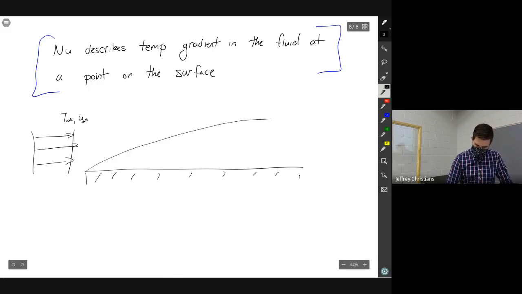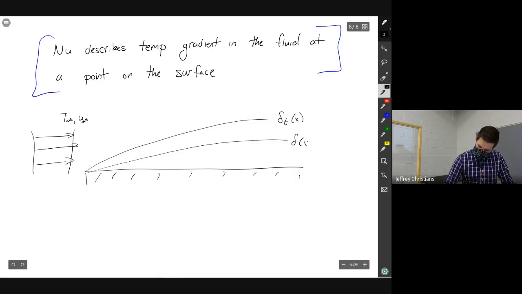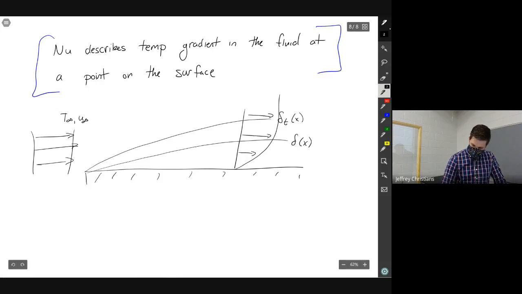Let's imagine this is delta T of x, and that's delta of x. We would have some velocity boundary layer here, and a temperature boundary layer here. T infinity, U infinity.